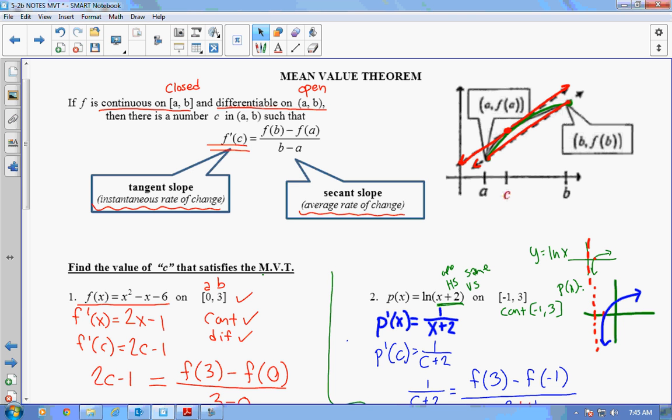Yeah, you can either do quotient. You can do quotient rule, it just takes longer.